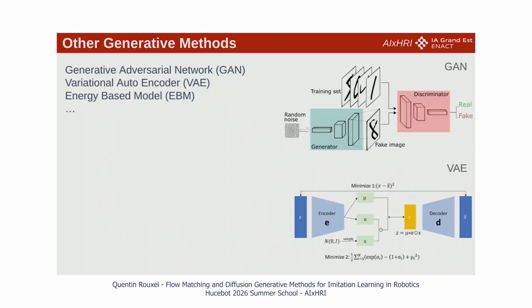There are a few methods I could mention, though I'm not going to explain them in detail, that exist from before the diffusion and flow matching times. For example, the GAN, or generative adversarial network, which you may have heard about. It's basically made of 2 modules: one generator that will try to create the best fake images or new samples, and a discriminator that will try to determine if the data comes from the real dataset or from the generator.